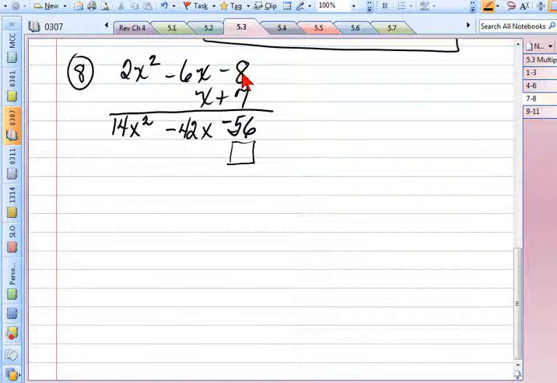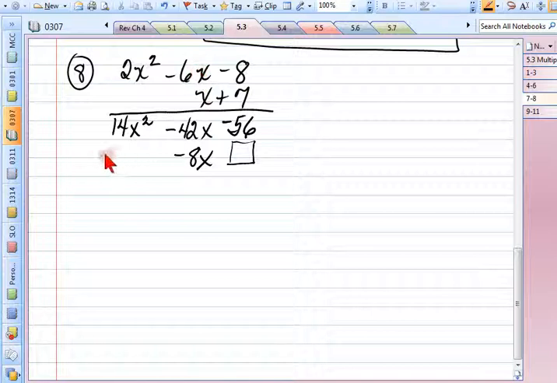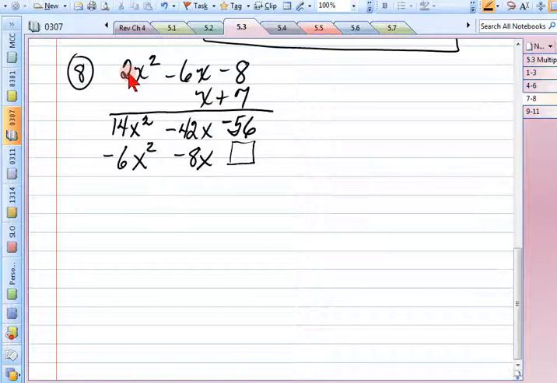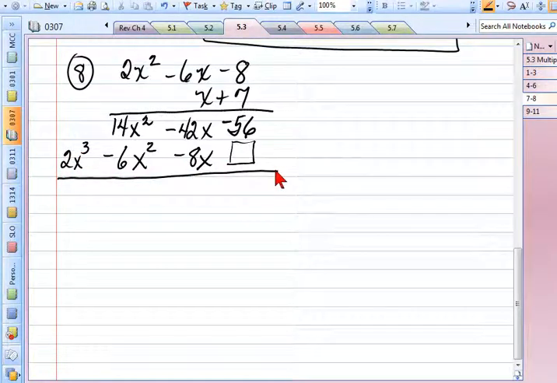X times negative 8 is negative 8x. X times negative 6x is negative 6x squared. And x times 2x squared is 2x to the third. What's the nice thing about vertical multiplication?